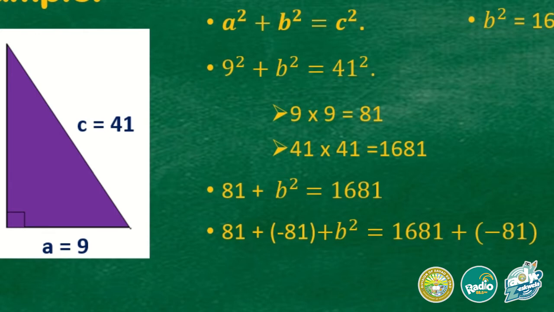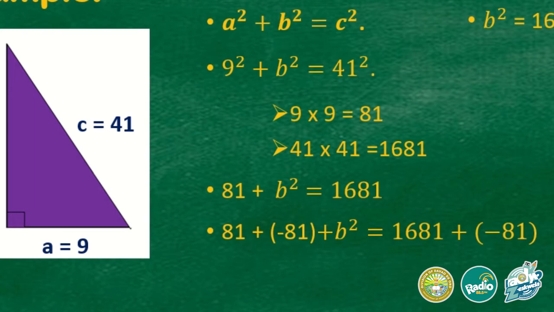81 and negative 81 will become 0. b squared will be left, while on the other side of the equation, it will become 1,600. The equation will be b squared equals 1,600.